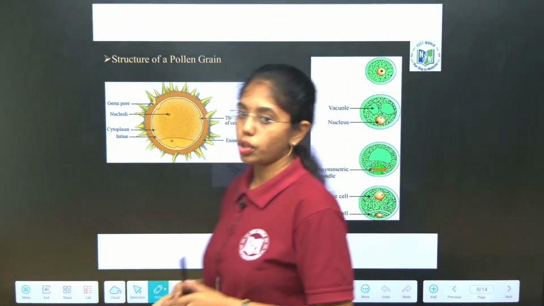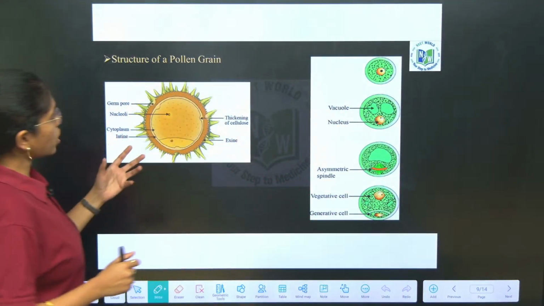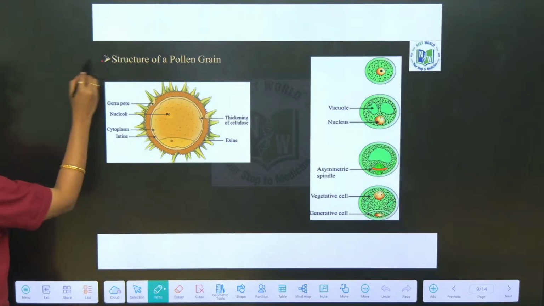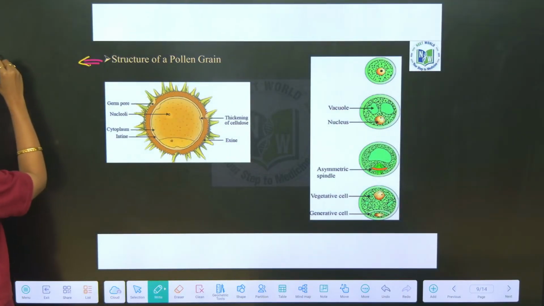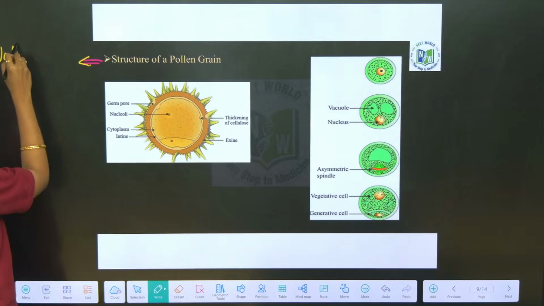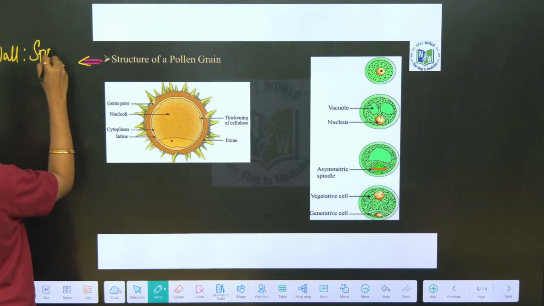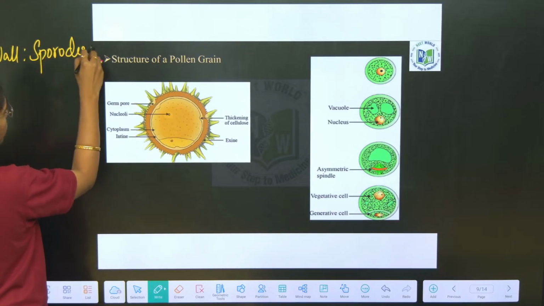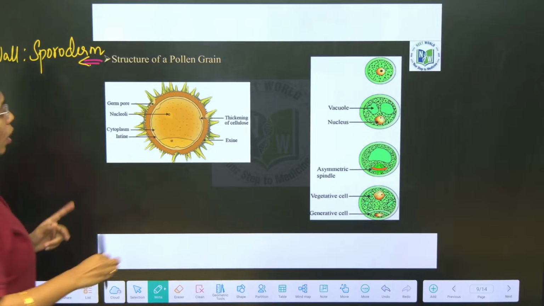How will the pollen grain structure be? First of all, the wall layer of the pollen. The pollen grain wall is made up of sporoderm, and it has 2 wall layers.